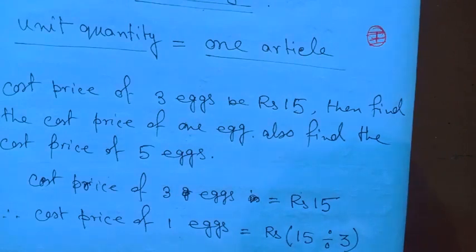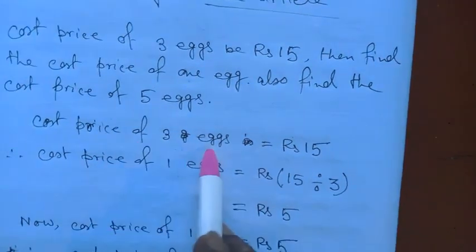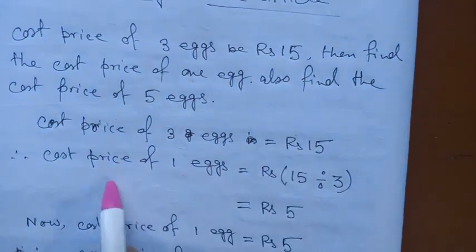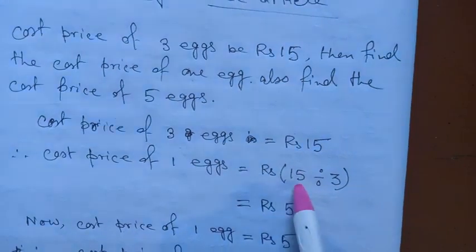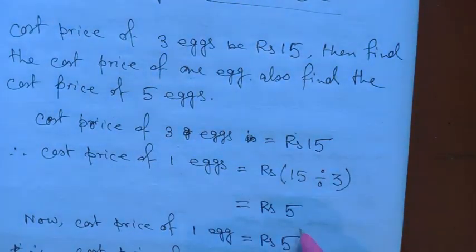If the cost price of 3 eggs is rupees 15, then the cost price of 1 egg is how much? Very simple. That means 15 divided by 3 gives the cost price of each egg. So here we write: cost price of 3 eggs is rupees 15. Therefore, cost price of 1 egg is rupees 15 divided by 3. Then we get 5.